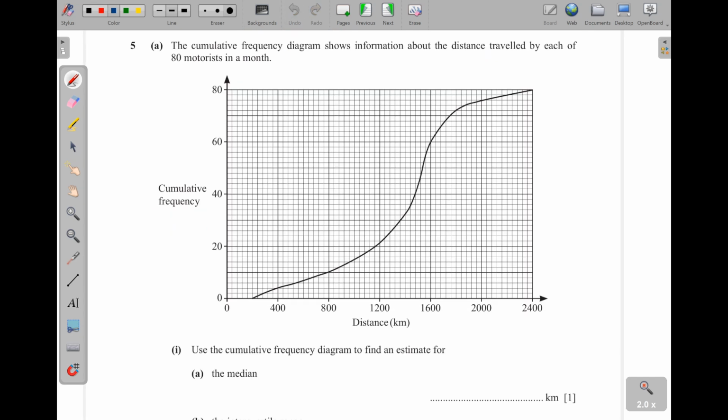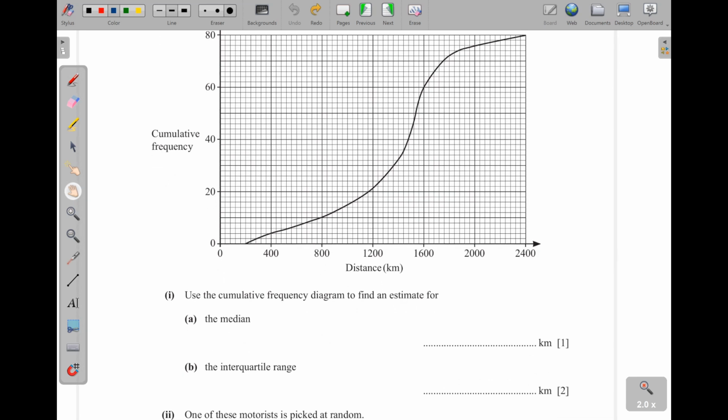Okay. Question 5, part A. The cumulative frequency diagram shows information about the distance traveled by each of 80 motorists in a month. And then Roman 1, use the cumulative frequency diagram to find an estimate of the median. Median is the value that divides the given distribution into two equal parts. So that means this one is going to be the summation of f.